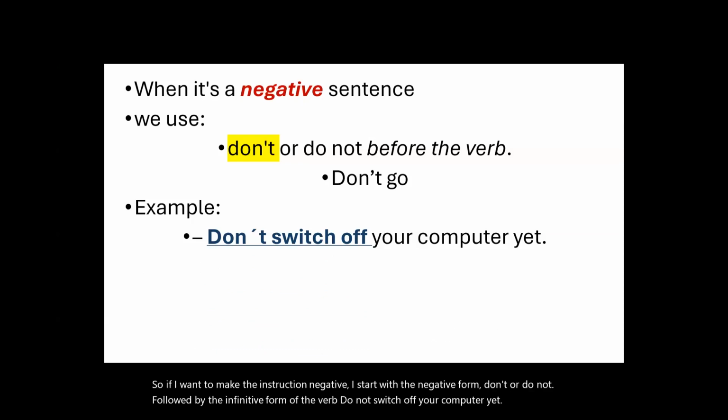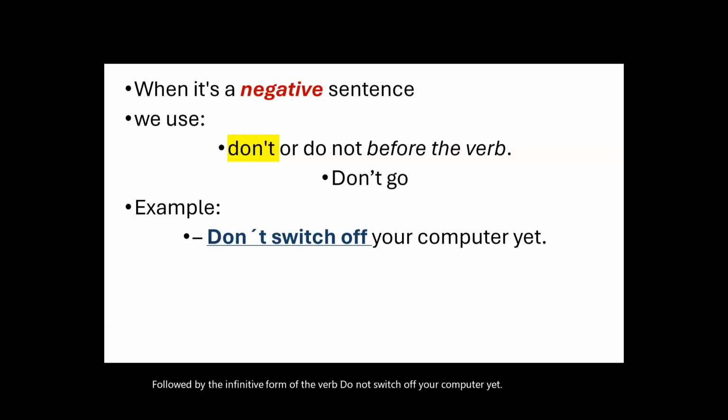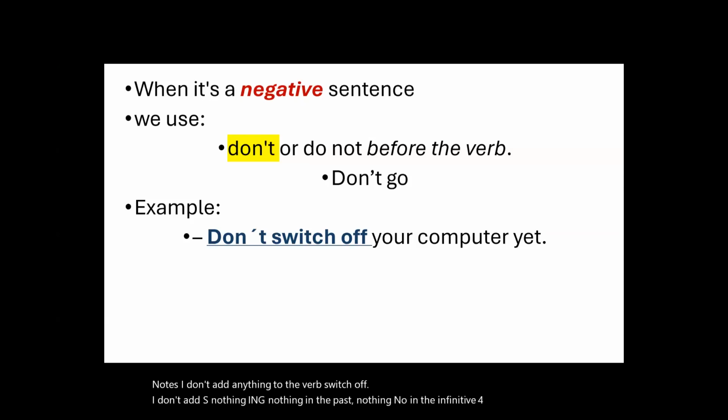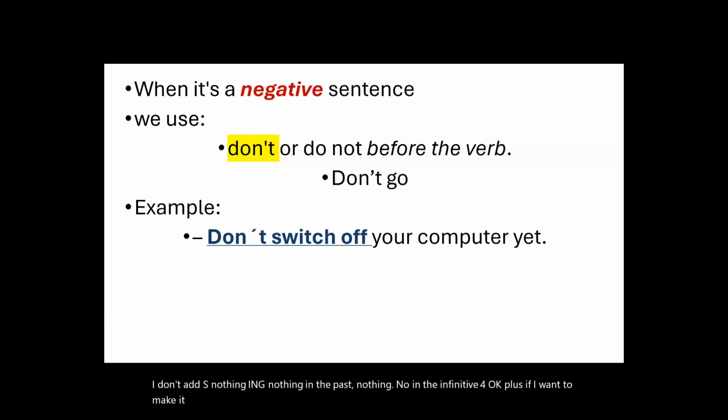Notice I don't add anything to the verb switch off. I don't add s, nothing, ing, nothing, in the past, nothing. No, no, no, no. The infinitive form, plus, if I want to make it negative, I add do not in the beginning.